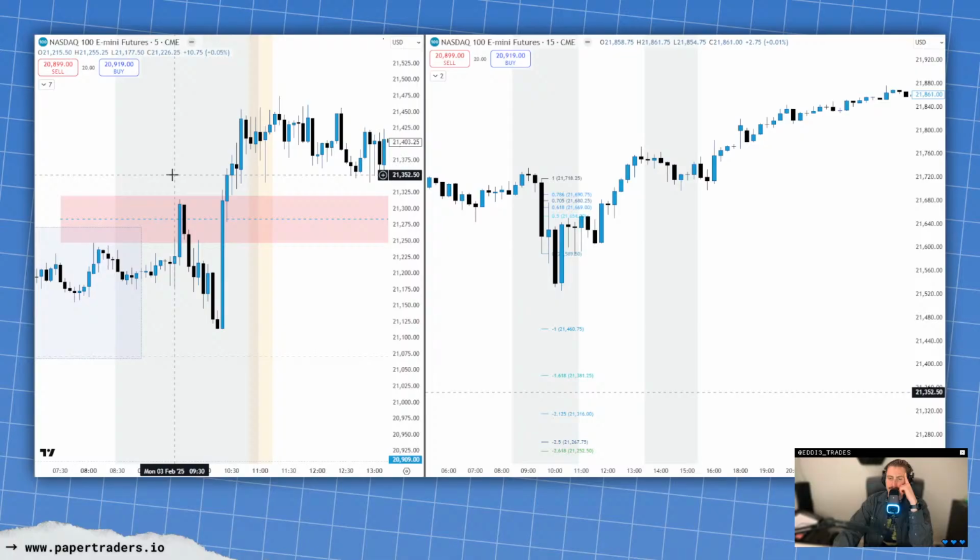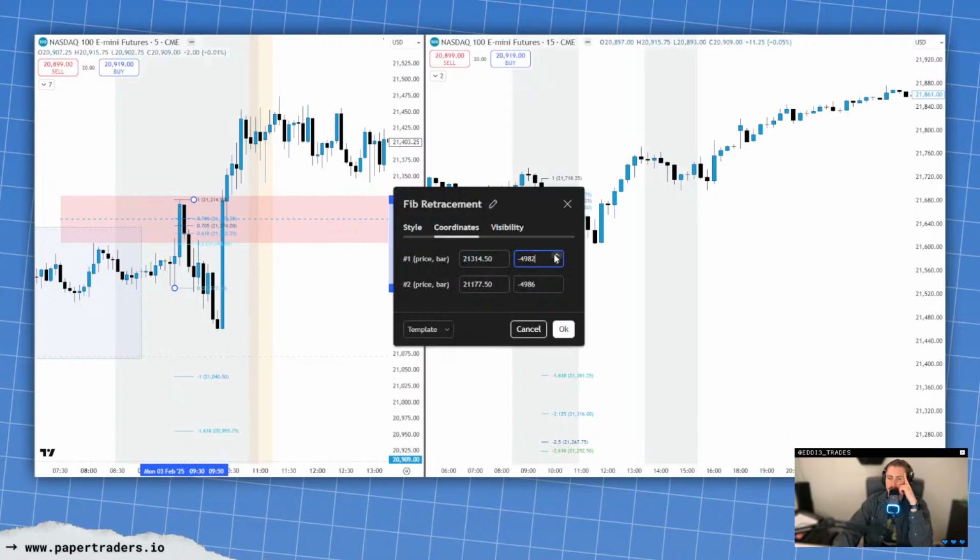So 9:30 and 40. 9:30, 1618, sell back down. That's this candle.